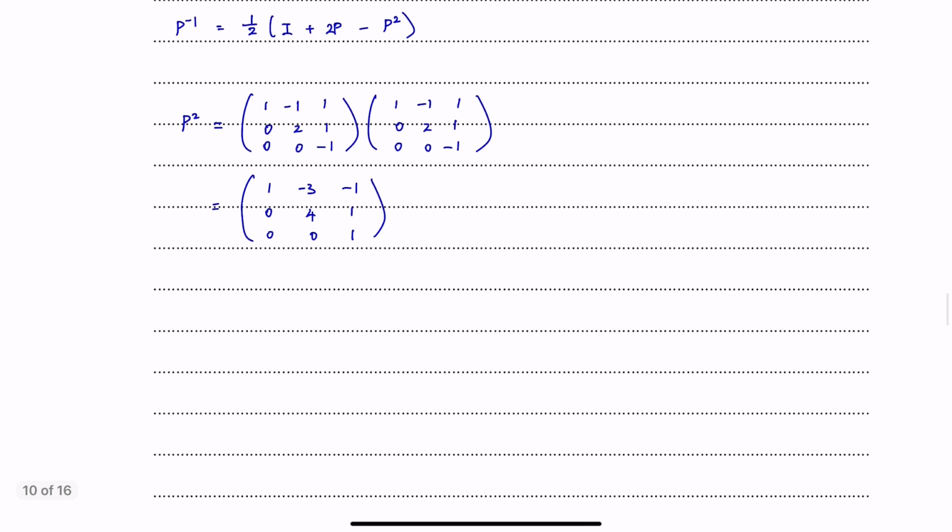And now we sub back into the equation to find P inverse. So I is the identity matrix.